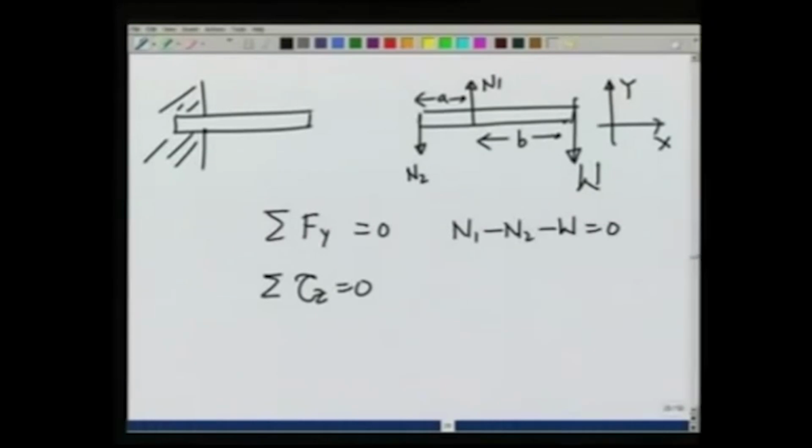Let us say I take it about this point, although once the forces are 0 it does not really matter.